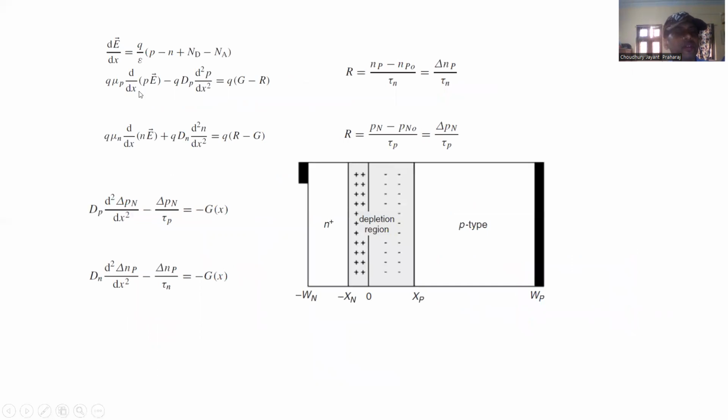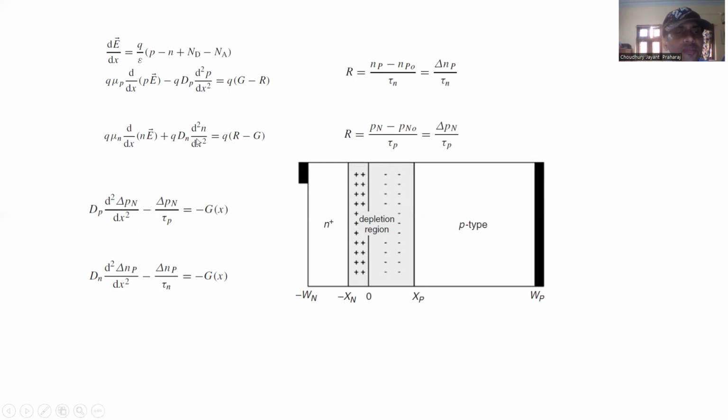In this slide, we show the continuity equation with the hole and electron drift and diffusion equations put in, and then we have the generation rate due to the absorption of incident solar radiation, and we have the recombination rate, which is due to all the different recombination mechanisms that we discussed in previous slides.